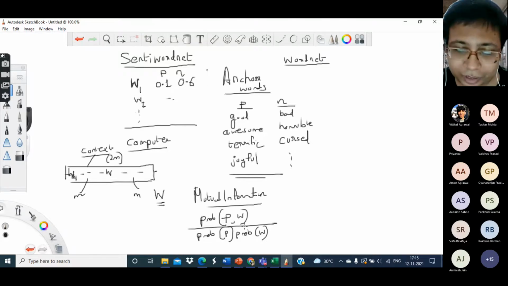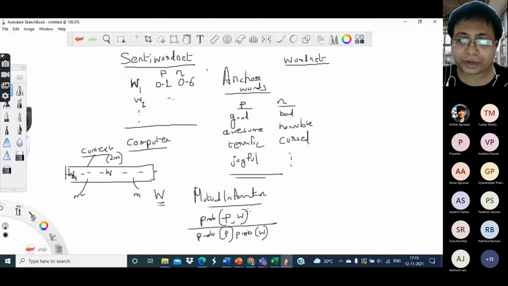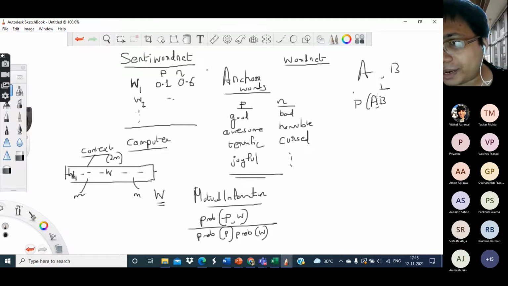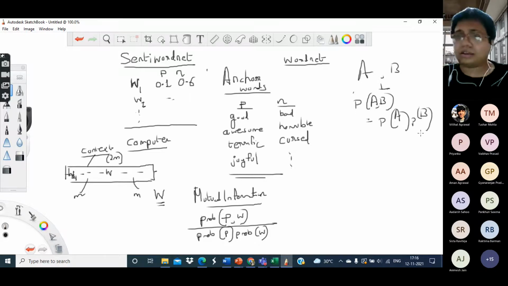That is the kind of thing we are trying to estimate here. As we know, if we consider any two random variables A and B, and A and B are independent of each other, then the joint distribution of A and B is equal to P of A times P of B.